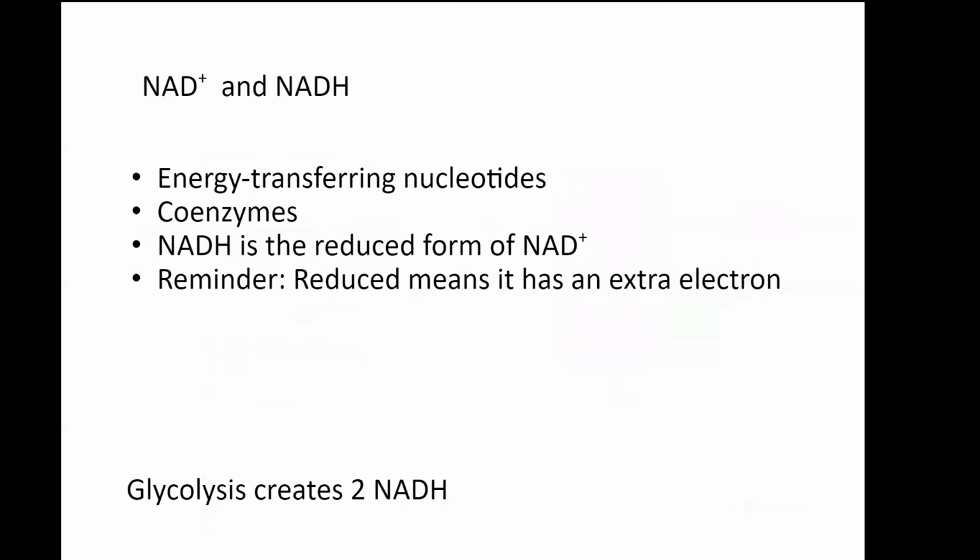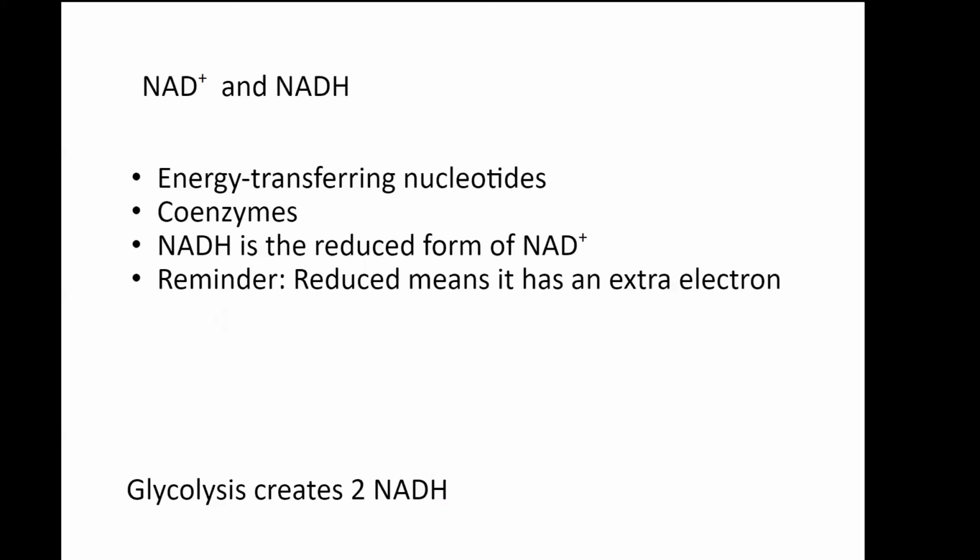Okay. I want to talk for a second more, focusing on NAD and NADH. When we were talking about nucleic acids, we did mention these. We mentioned that they're energy transferring nucleotides. So they are nucleotides, similar in structure almost to ATP. They're also coenzymes. So they're not going to catalyze specifically any processes here in aerobic respiration, but they are crucial to the function of some of our enzymes at the end.